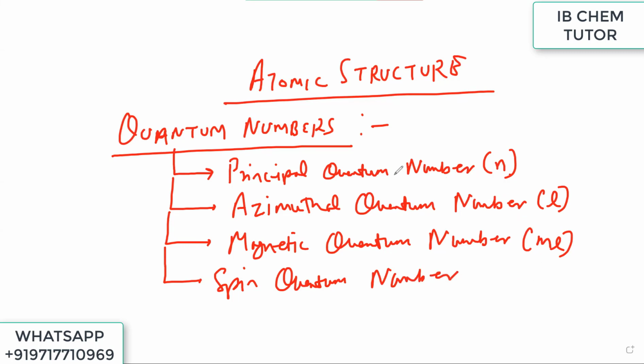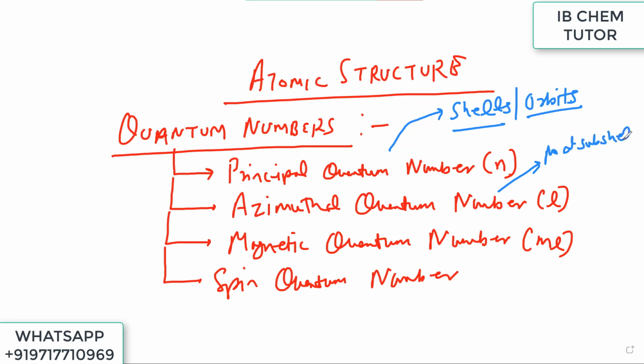So to give you a basic idea about these quantum numbers, let me tell you at the same time that this principal quantum number represents shells or orbits that all of you must have studied. Okay. So azimuthal quantum number gives the number of subshells in an orbit. Okay.